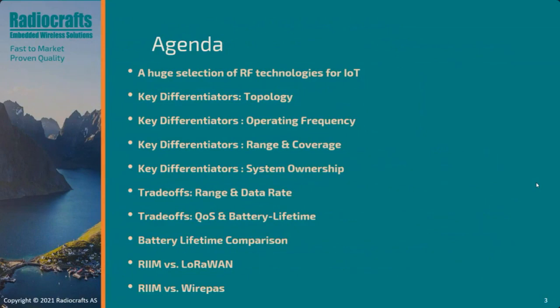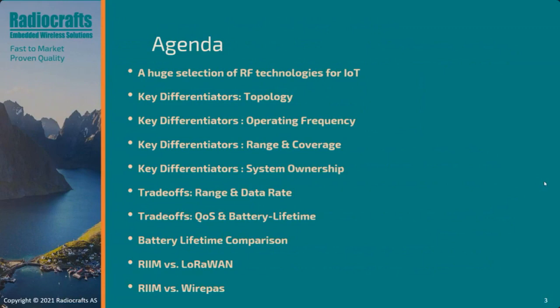All right, I think now everyone is more or less here. Coffee's ready, and let's go. So what do we have in the agenda? It's a pretty meaty presentation, but I'll try to keep it as simple as possible. We will discuss first that now there is a huge variety of RF technologies enabling IoT. Then we will speak about how to differentiate between these different technologies, because when you have a huge variety of technologies, you might get confused, you might get lost, you might want to know how to think and how to approach it and how to select the right technology for you.